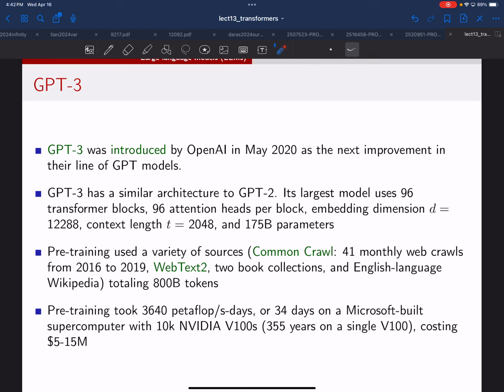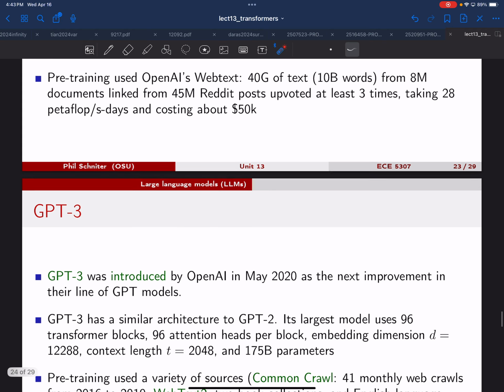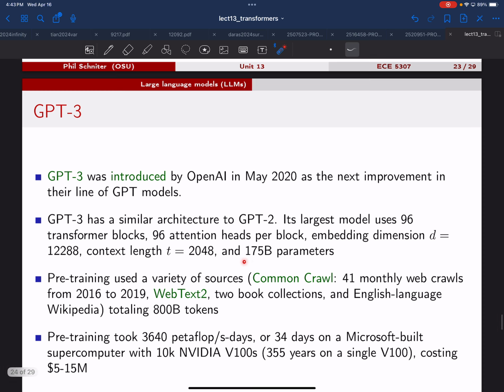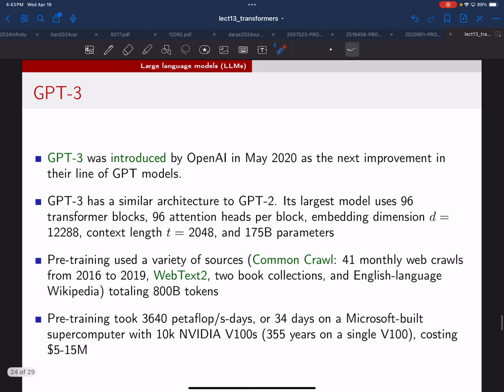So now we have 96 transformer blocks. We have 96 attention heads per block. The embedding dimension is much bigger, 12,000. Context length is doubled again. And now we've gone from 1.5 billion to 175 billion parameters. So things are getting really big.